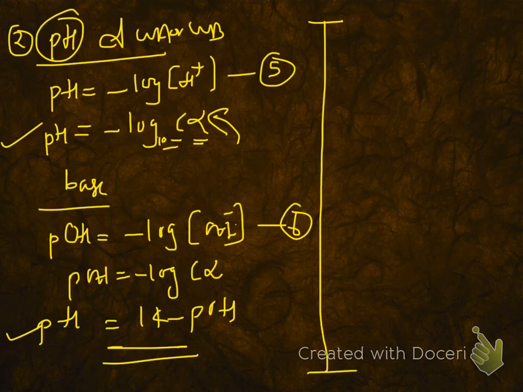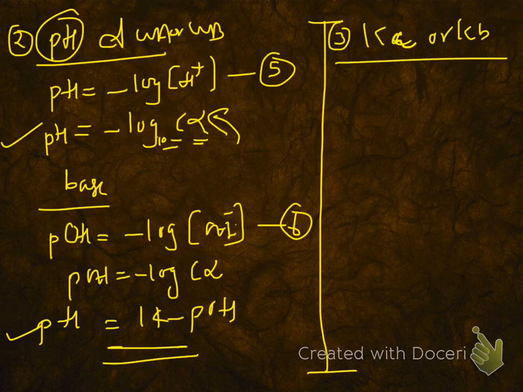Now to the third application: calculation of ionization constant of acid and base, that is Ka or Kb. The ionization constant of acid is Ka, that of base is Kb, if the degree of dissociation alpha and concentration C of an electrolytic solution are known. How to calculate the degree of dissociation?